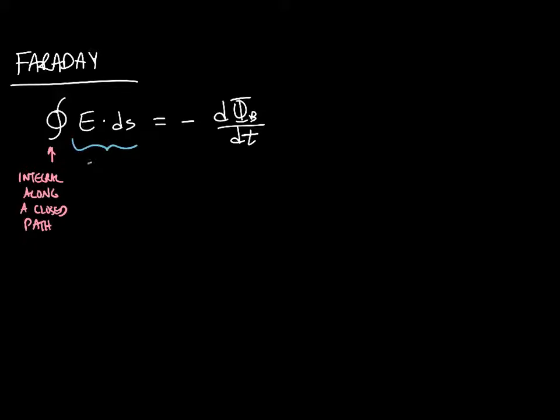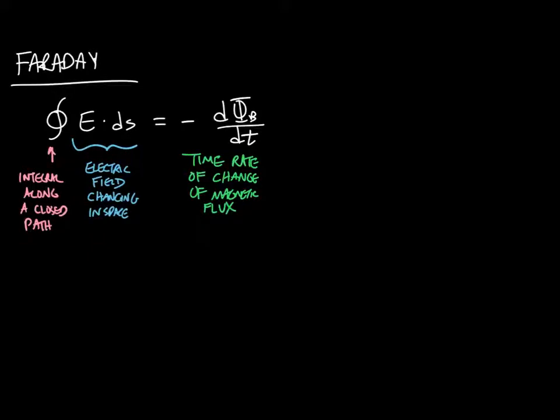This part right here, this is going to be the electric field changing in space. Some space somewhere. And the time rate of change of magnetic flux. I'm just translating the math into English.